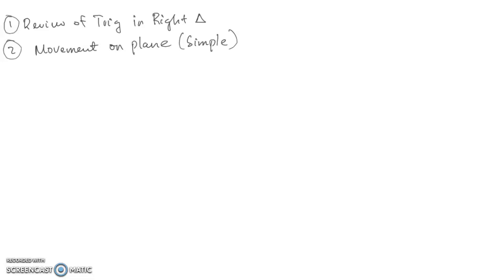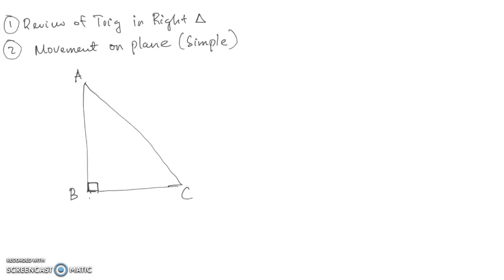Okay. So to review, let's say that I have a right triangle. A right triangle means a triangle that has one right angle, which I put over here. So let's say I have a right triangle ABC.